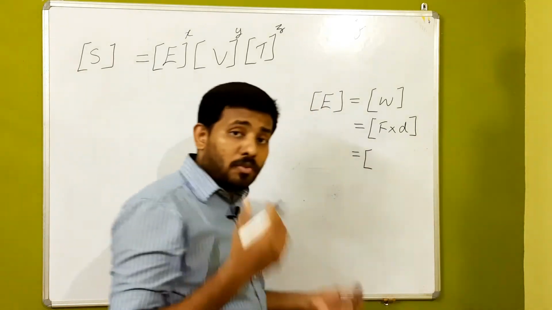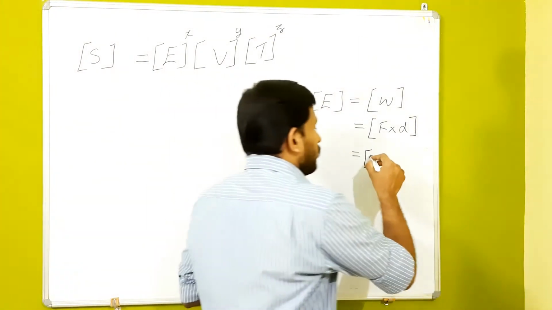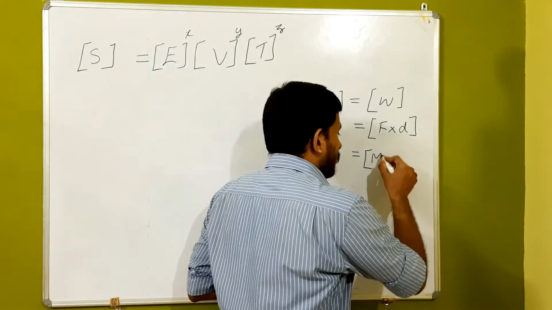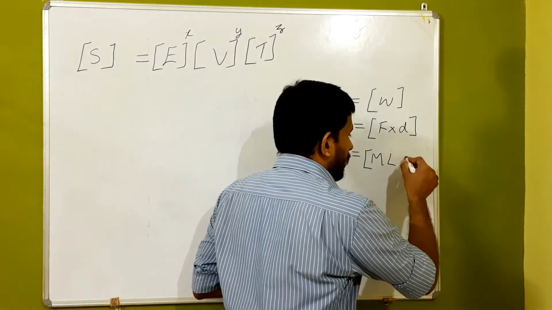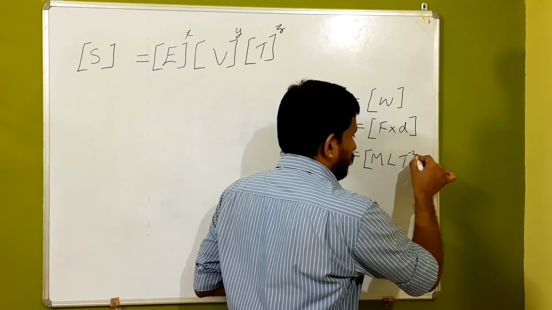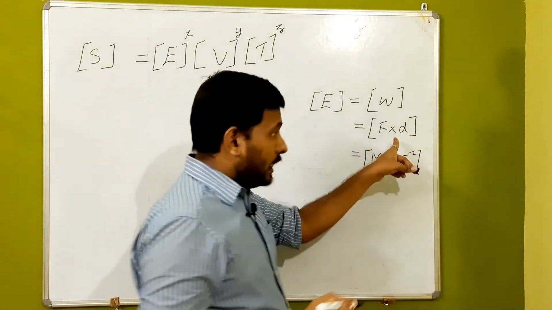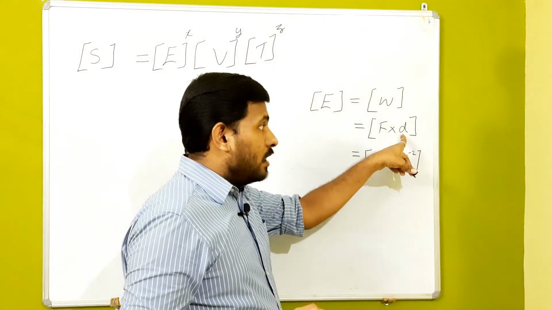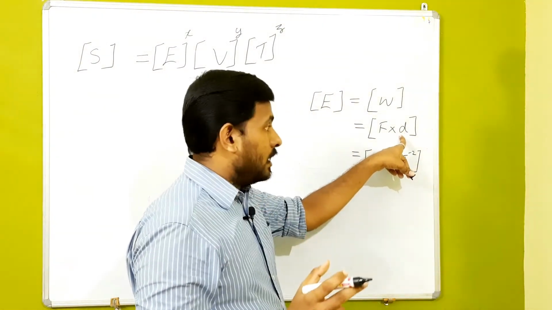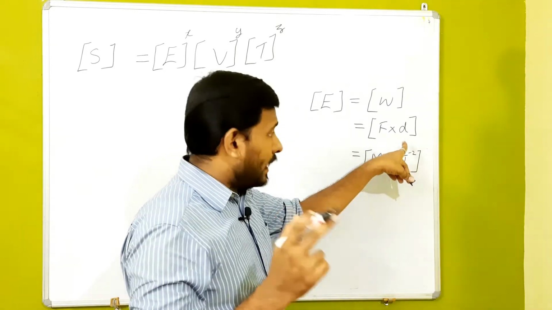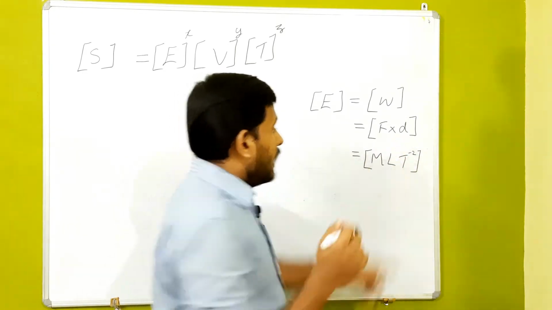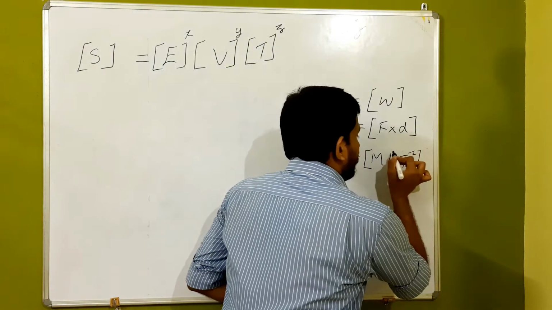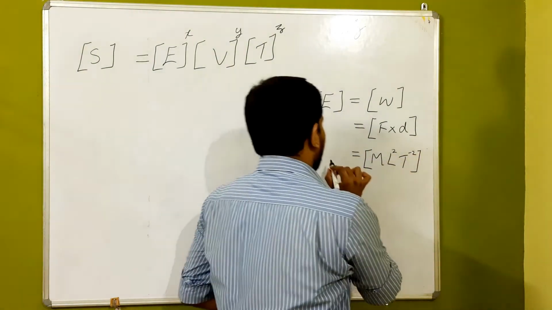And what is the dimension of force? The dimension of force is mass into acceleration, M L T raised to minus 2, multiplied by the dimension of displacement, that is the distance L, and this L and L makes it L square.